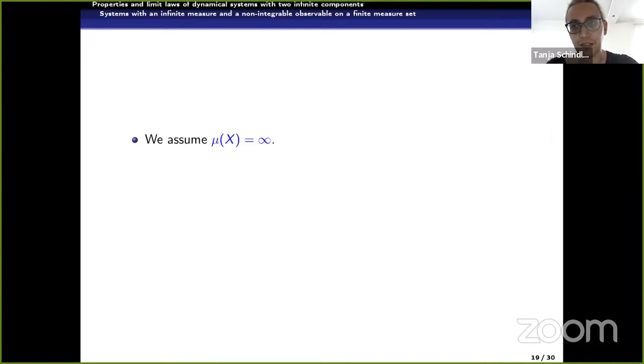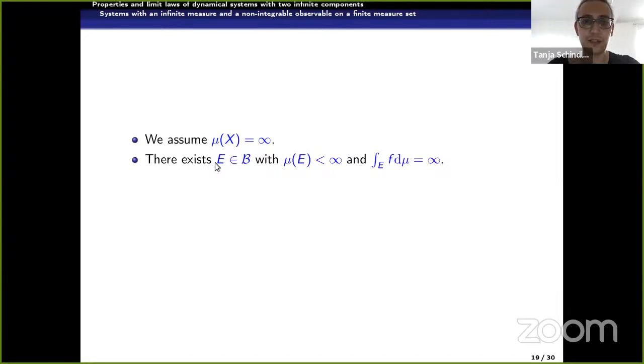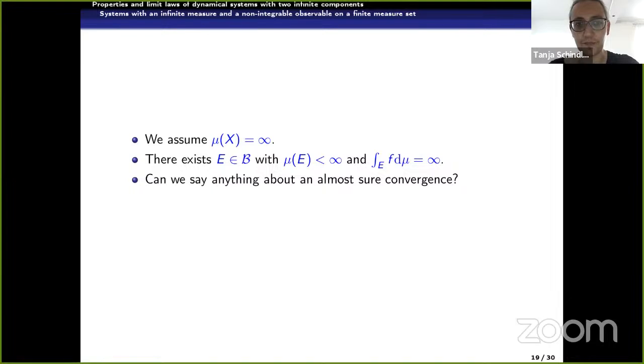So again, we have an infinite measure, and then we assume there exists a measurable set E of finite measure such that if we integrate over E, we get infinity. And so the first question is if we can say something about almost sure convergence.